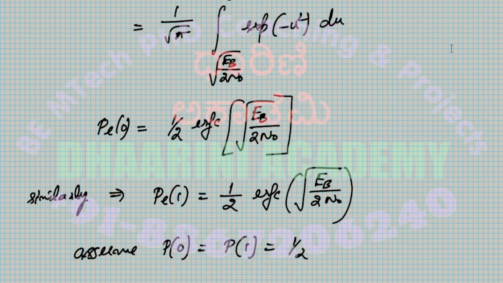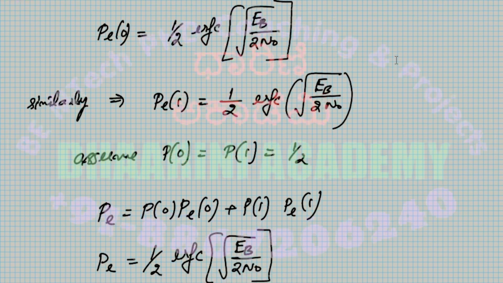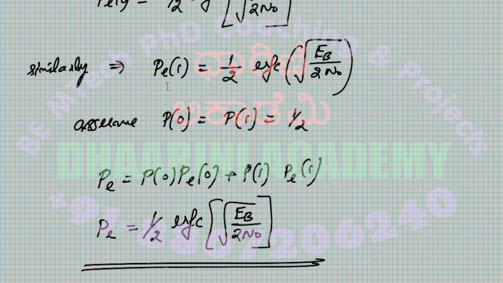Probability of error for 1 is pretty much similar. Just to save time, I have skipped that. Directly you get this answer. P of 1 will come like this, same answer as P of 0. So when we assume the generation happens with equal probability, this is the probability of error equation. 1 by 2 into 1 by 2, so there is a 1 by 4 for the first term.